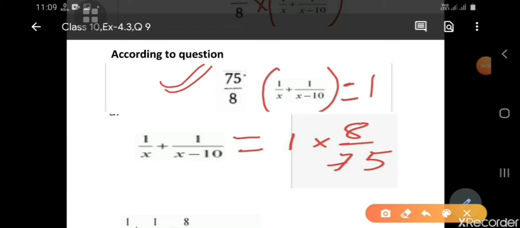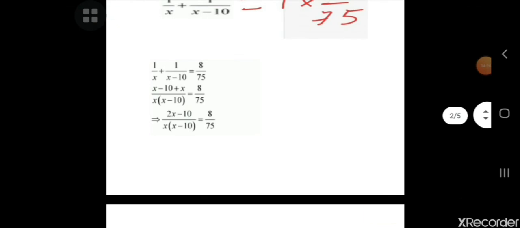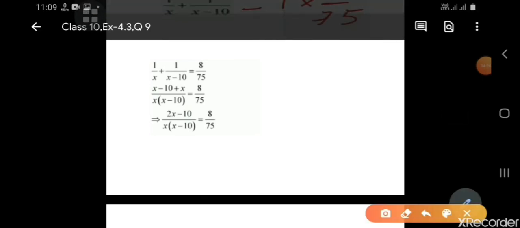Now 75 by 8 will be transposed from left to right, and by cross multiplication we get 1 into 8 by 75. So now see here, we get 1 by x plus 1 by x minus 10 is equal to 8 by 75.